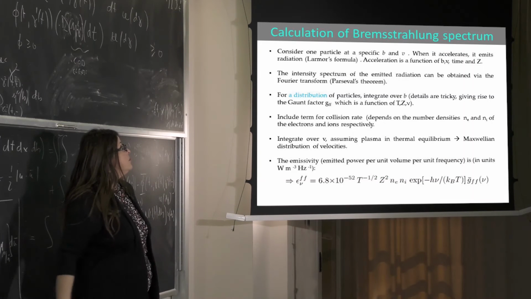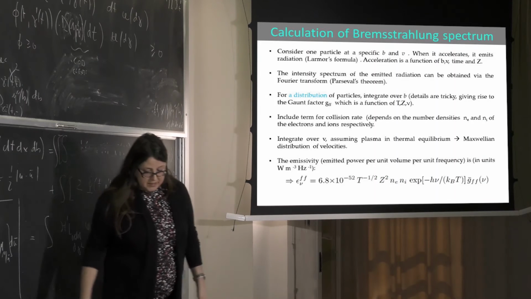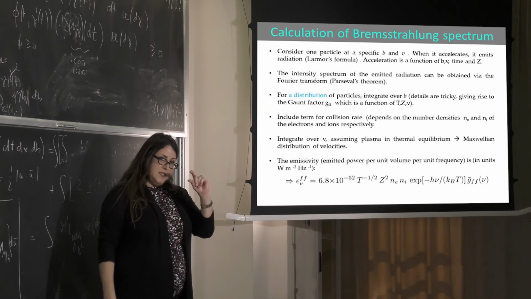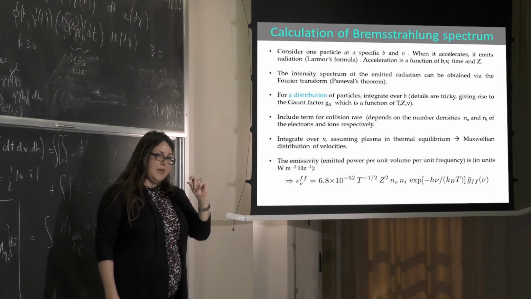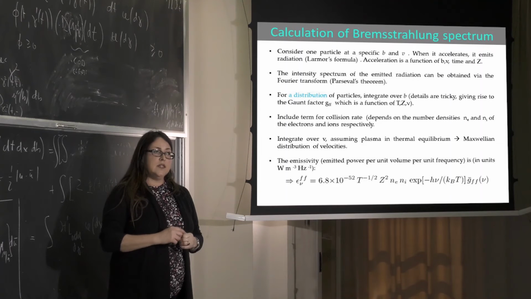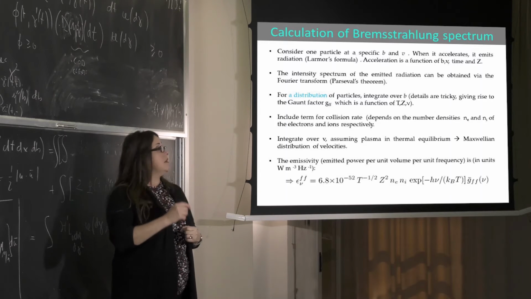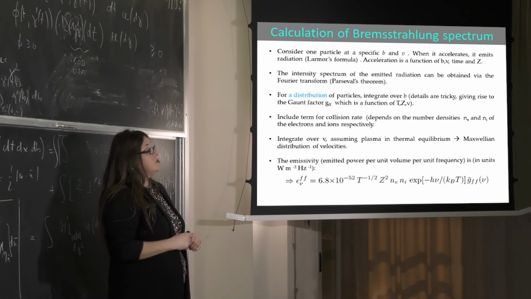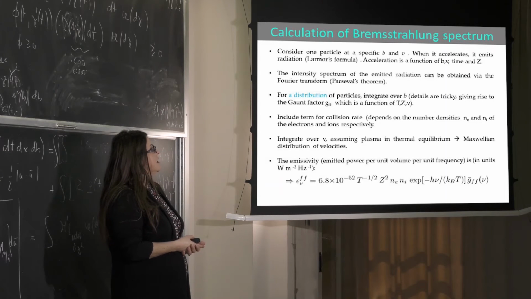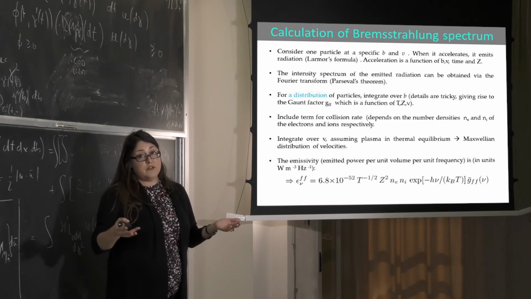How do you calculate exactly the spectrum of Bremsstrahlung? You should consider a specific impact parameter, a specific minimal distance between the positively charged ion and the electron, and you should know the velocity, the average velocity of the electric charge. Apply the Larmor formula.